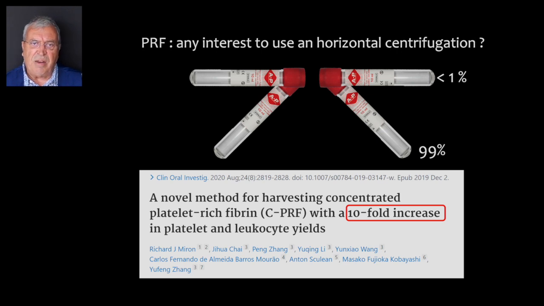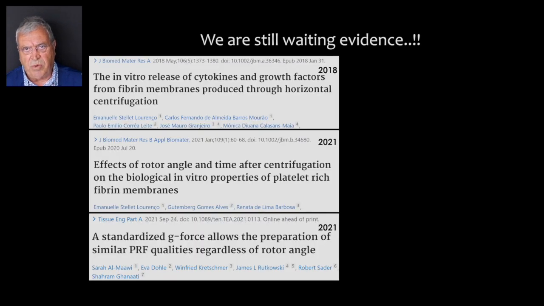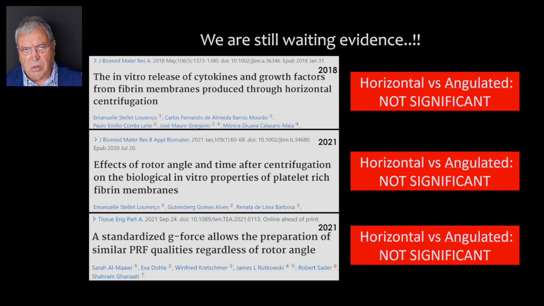He started with 10-fold, and now he's with 4-fold. But I can tell you that there is no evidence today, because all the papers about horizontal were published by Myron, and the other papers are showing that there is no difference. There is no difference between, and it's logical, because how to believe that just the angulation will produce a different tissue?